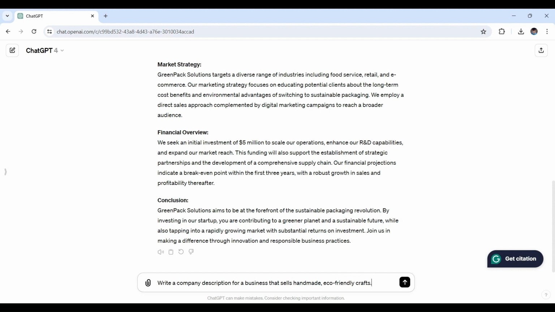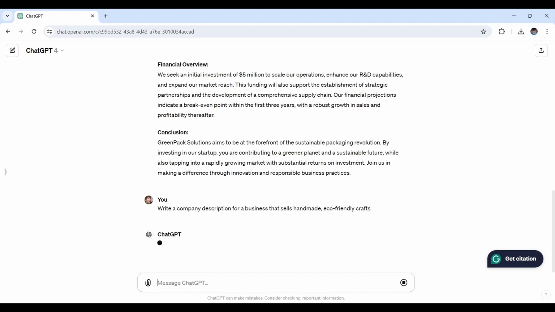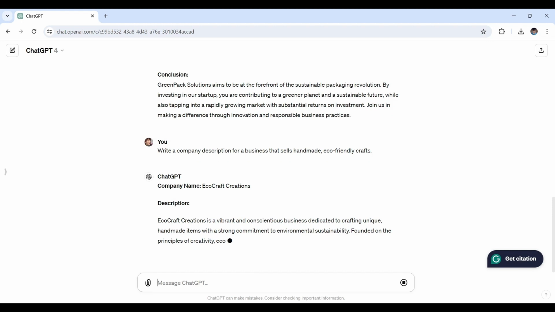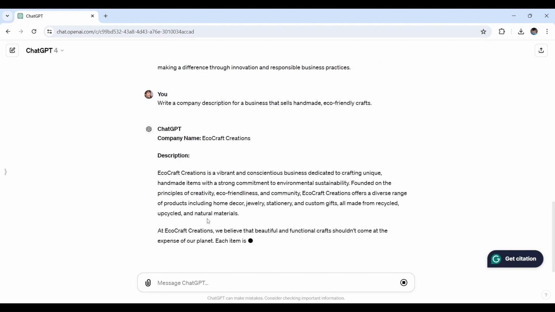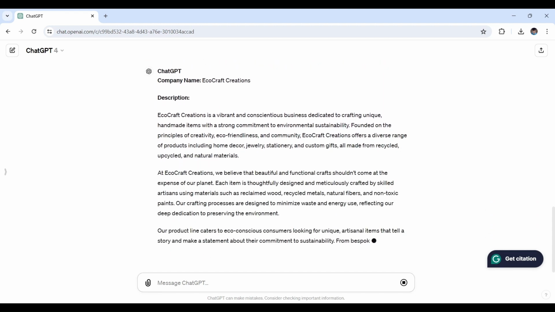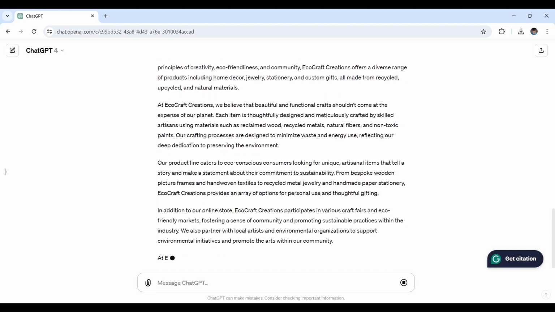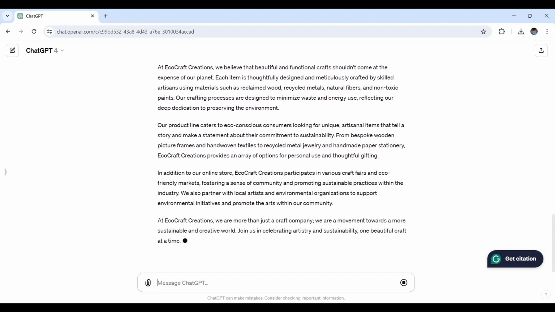Then hit send and see the magic happen from ChatGPT. Just remember, make sure your company description resonates with your brand's identity and values. This section is an opportunity to really sell why your business is special and worthy of attention. It's your narrative. Make it compelling.